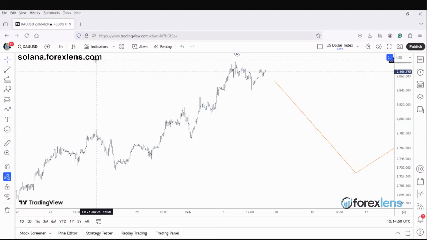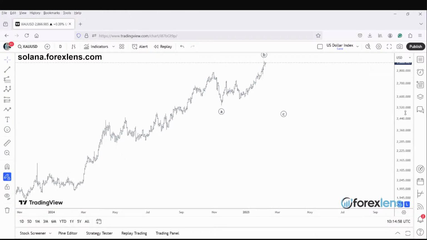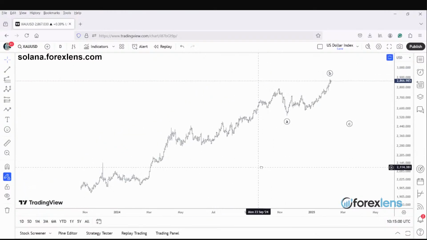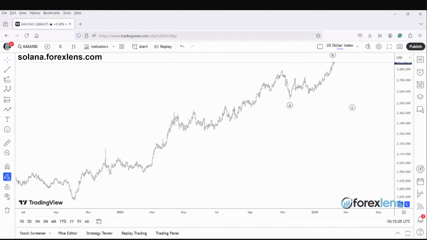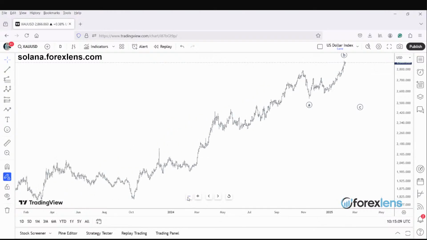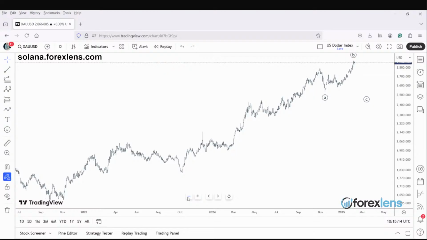I would not say trend, because the trend is up actually. The larger degree trend is up. I don't want to create confusion here, so let me draw the larger degree counts as well. We're just trying to play around wave 4, which could be turning out as an expanded flat.